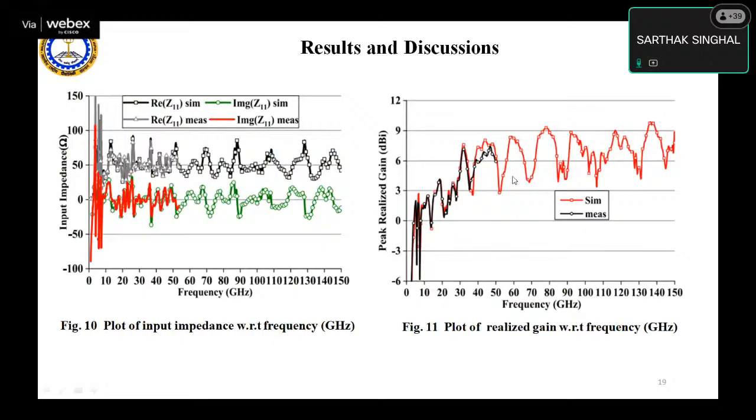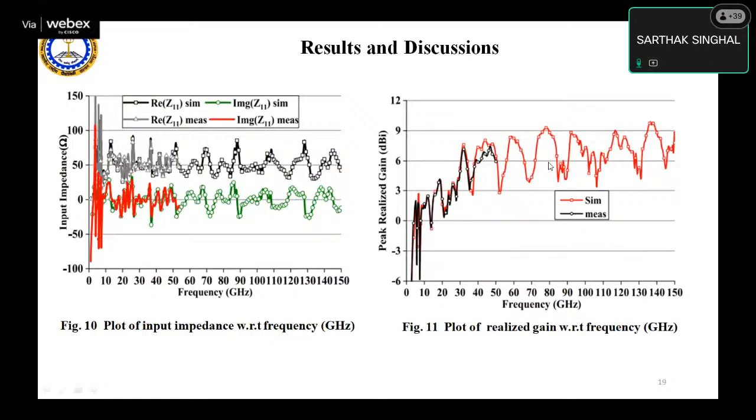From this gain plot we can see that at around 40 to 50 gigahertz there is a reduction in the gain, whereas till 30-35 gigahertz the measured gain was nearly equal to the simulated gain.